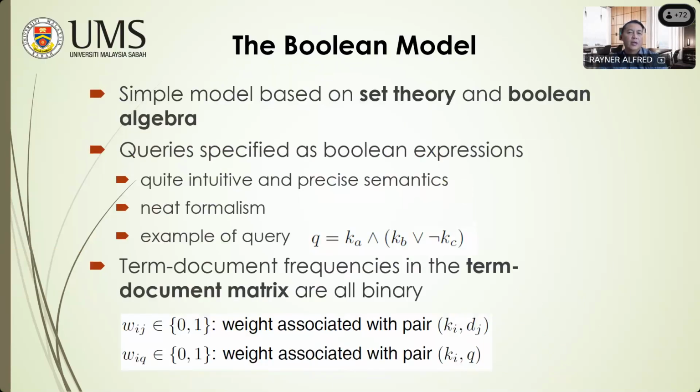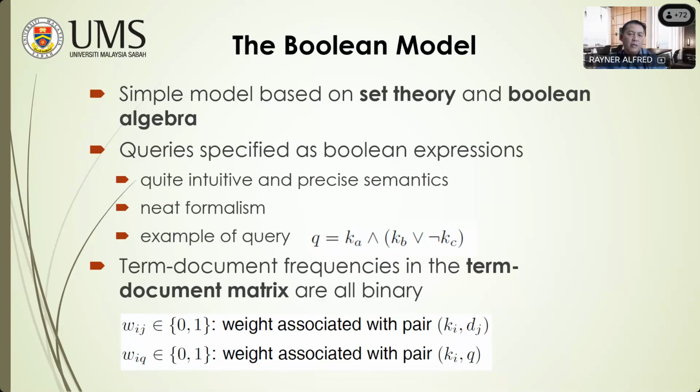Okay, so the Boolean model is a simple model based on set theory and Boolean algebra. So basically, this is similar to your SQL statement in database, in which you are looking for exact matching, right? So similar to this, since we are using exist or not exist, we are looking into exact matching.